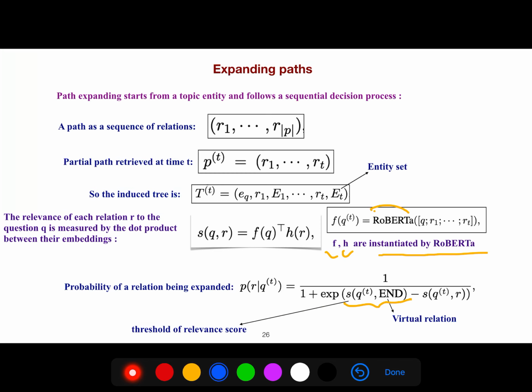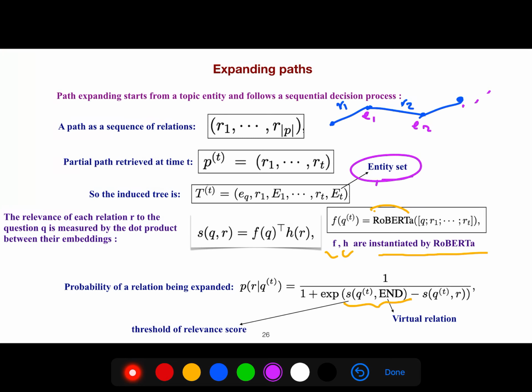So as I said, we have a path we can think about as a sequence of relations. R1, R2, R3. And so it generates these entities, E1, E2, ET. Each of them is an entity set. Each joint, each node is like a set.